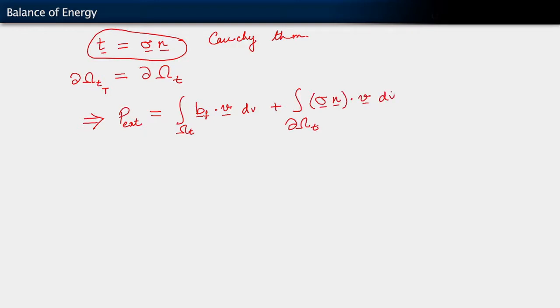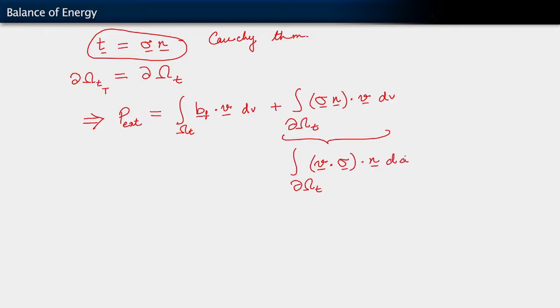Now, we want to convert that surface integral, the second integral here, also into a volume integral, and we do this using the divergence theorem. The way we can write that is to first realize that this is the integral over partial omega t of v dotted with sigma, which gives us a vector, the resulting vector dotted with n dA.